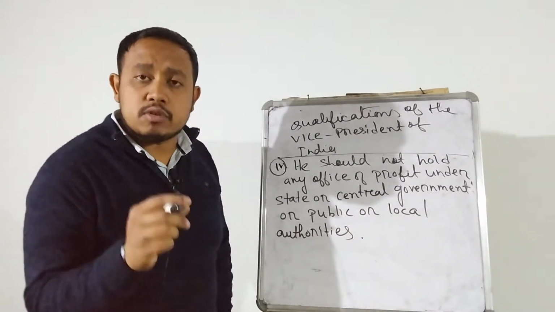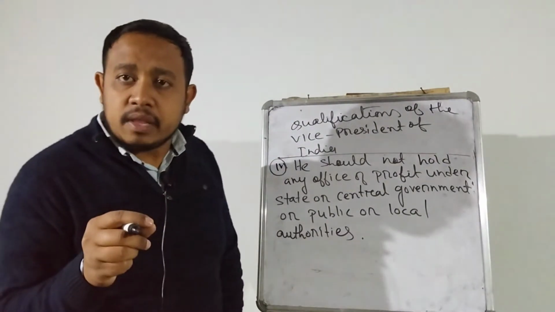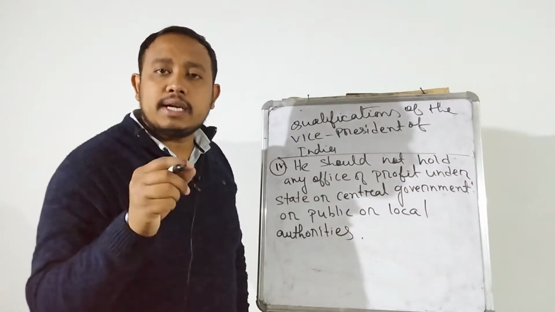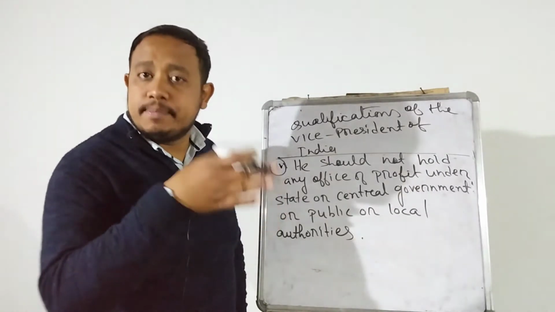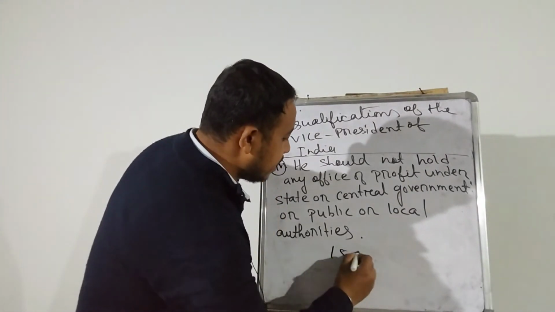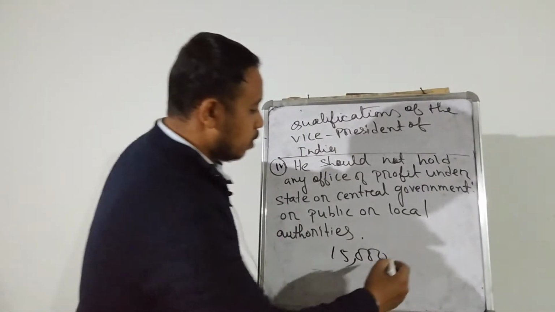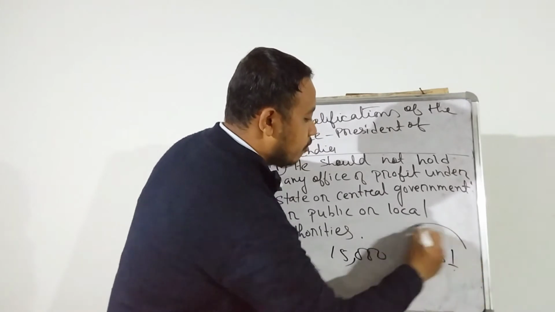Moreover, he should subscribe to 20 electors as proposers and 20 electors as seconders. Moreover, he should deposit 15,000 rupees to RBI. RBI means Reserve Bank of India.